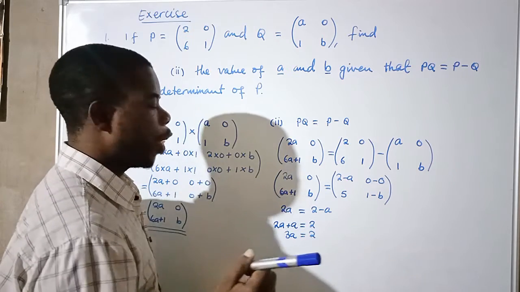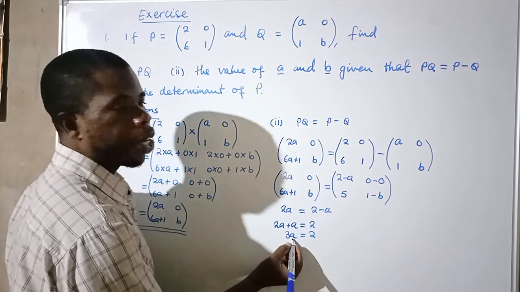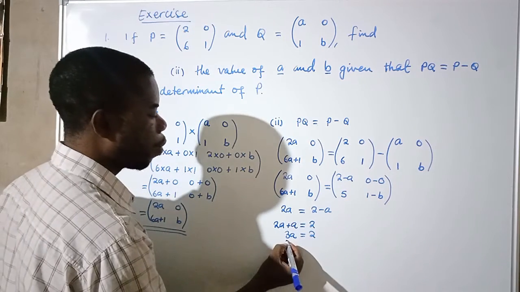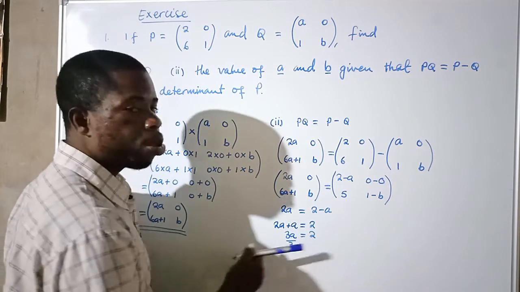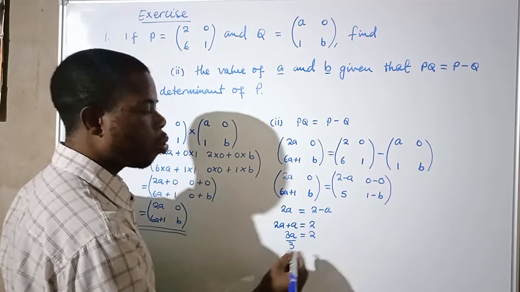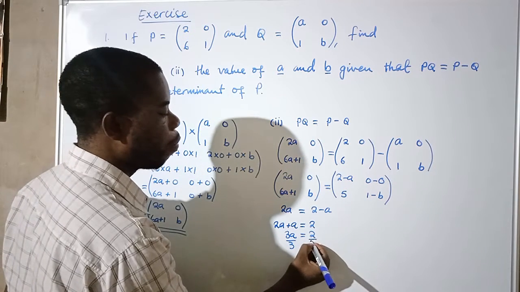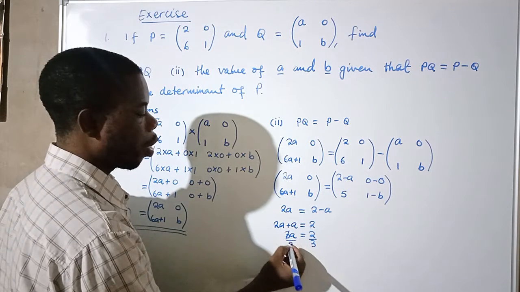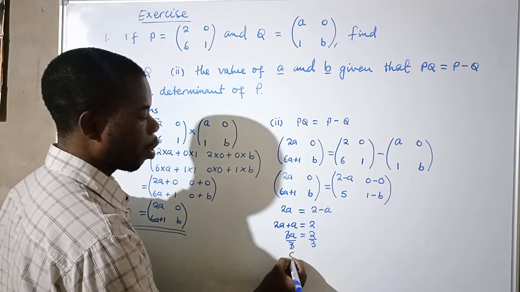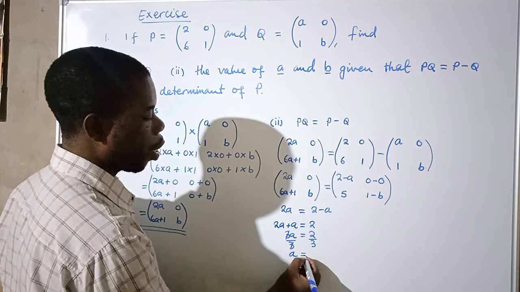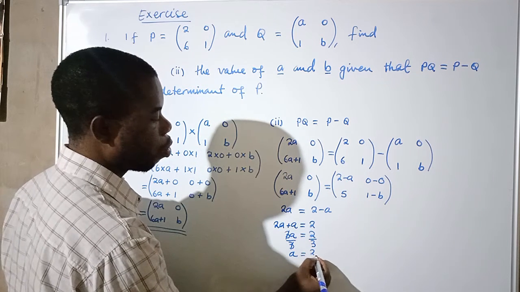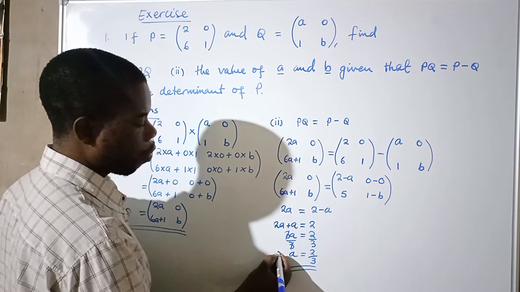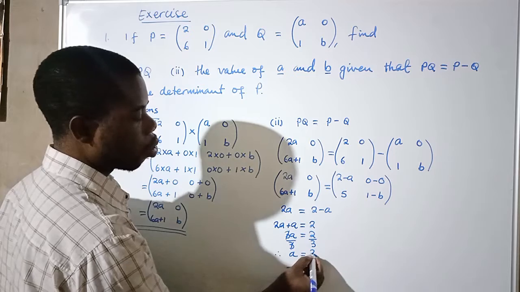Now what you're interested in, remember, is to know the value of A and not 3. So you have to get rid of 3 by dividing this term by 3. And once we divide by 3 on this side, also do the same on the other side by dividing by 3. So that now 3 into 3 can go, you remain with A, which is going to be A is equal to 2 over 3. So this will be our answer. So therefore, A is equal to 2 over 3.